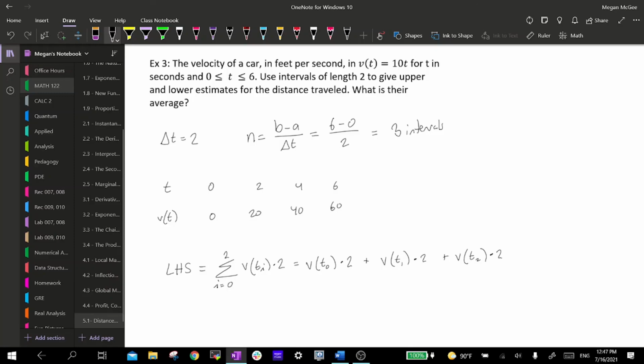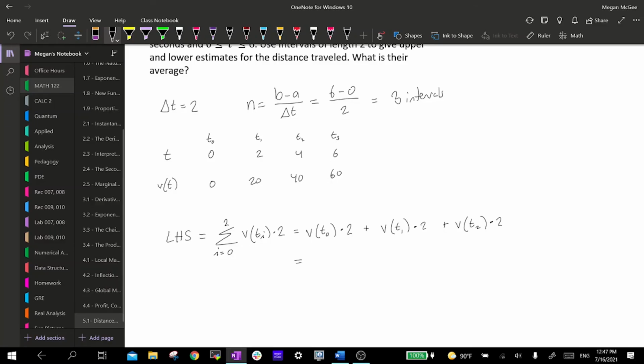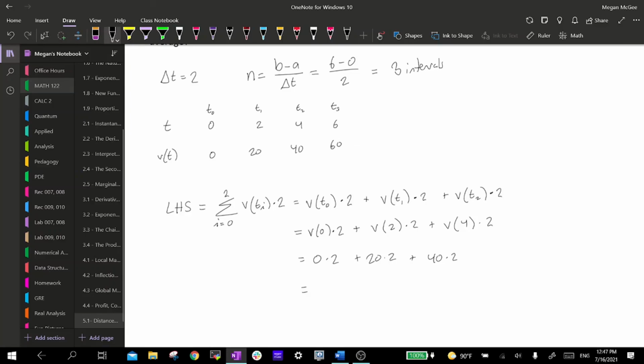And that's 3 calculations, so those are our 3 intervals. Alright, v of t sub 0, well that would be v of 0, plus, plus v of 4 times 2. v of 4 is 40, so we get 40 plus 80 gives 120.